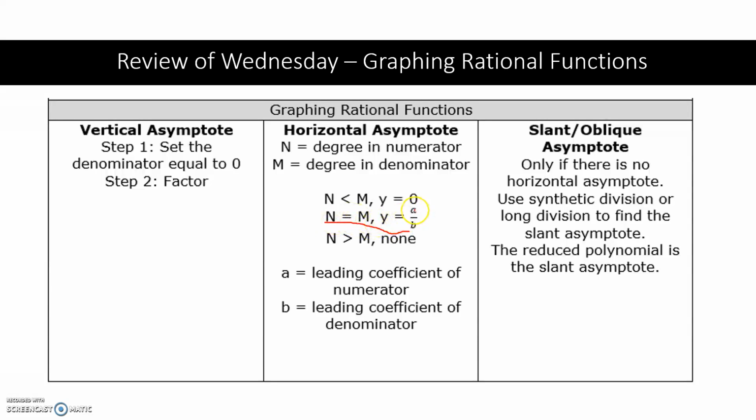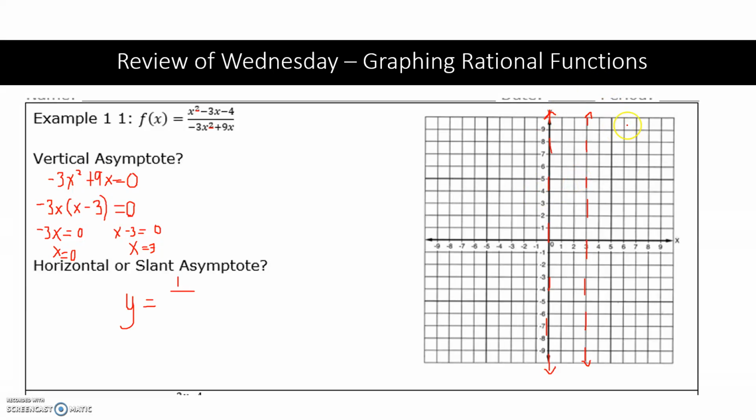That means I'm going to take the leading coefficient of the numerator and divide it by the leading coefficient of the denominator. The leading coefficient of my numerator is 1, and the leading coefficient of the denominator is negative 3. So I'm going to have a horizontal asymptote at y equals negative 1/3. So that's going to be about right here.